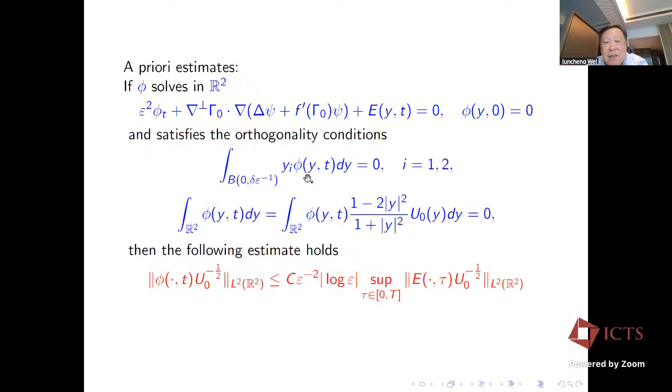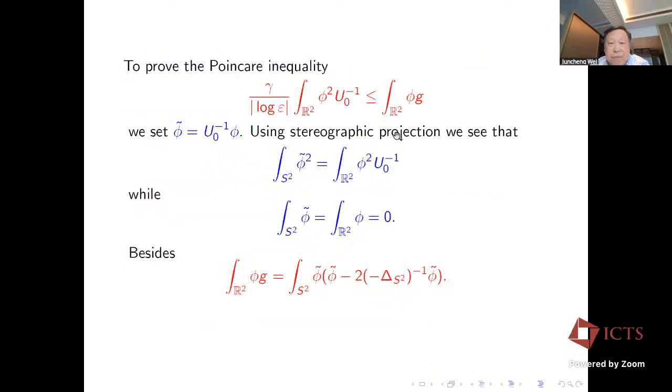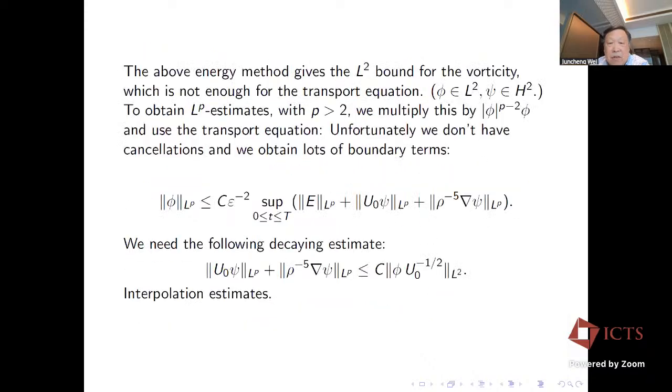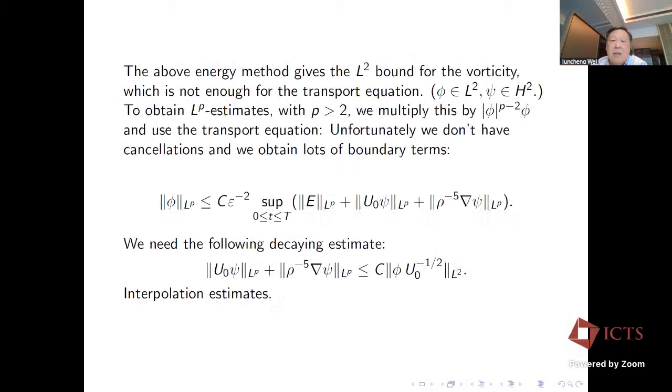So as long as your phi is orthogonal to translation and the scaling, we get the L2 estimate. And so for the proof, we use the spectral analysis. So this finishes the 2D case, and to cap.